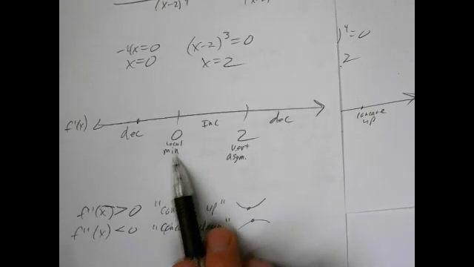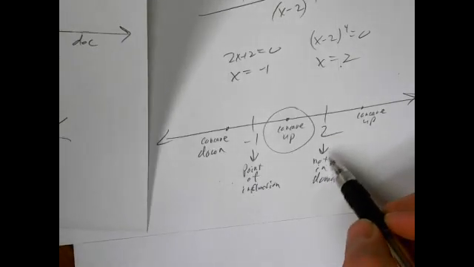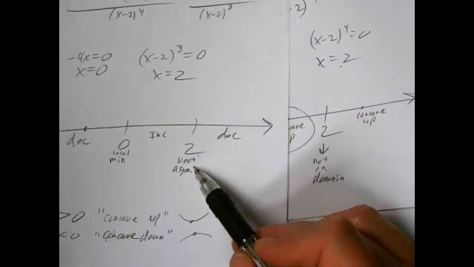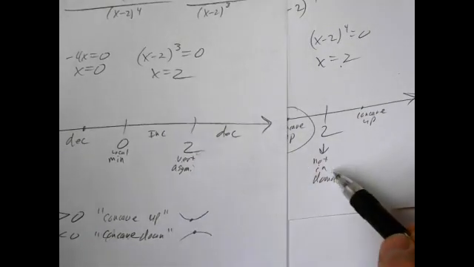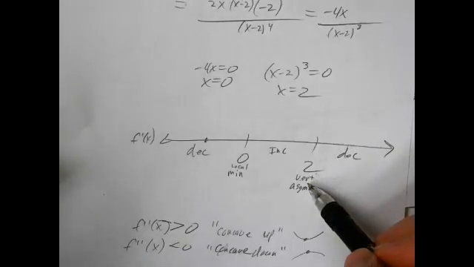That reinforces the fact that 0 was a local min. Also notice that at 2, you're not in the domain. That's something you always have to be careful of. So it can't be a local max, can't be a local min, can't be a point of inflection. It's not in the domain, and it's a vertical asymptote.